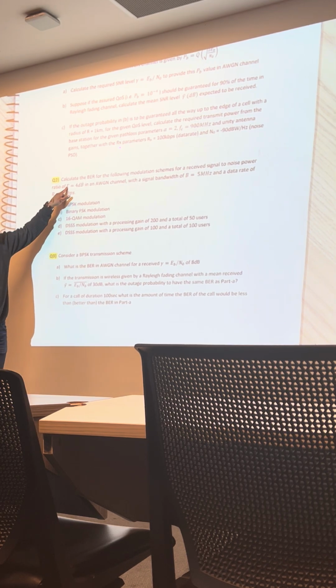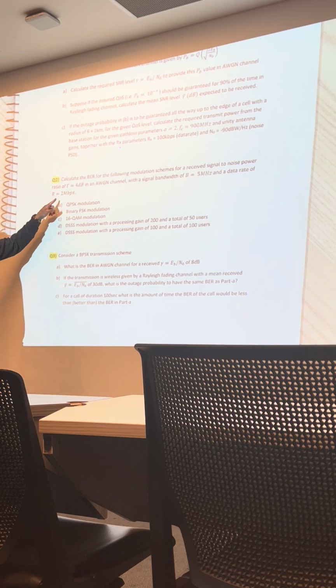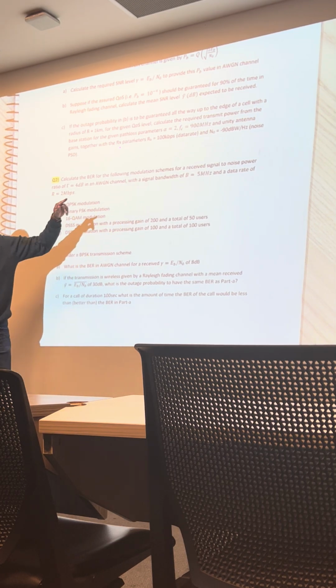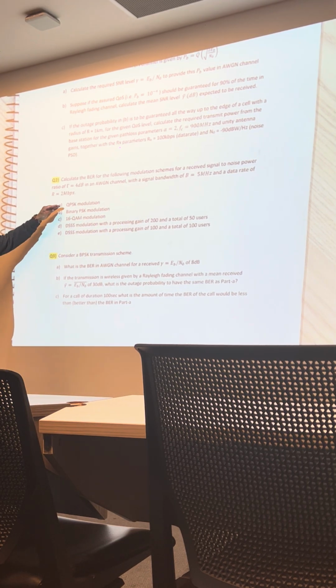We've been given Ps/Pn, the signal to noise power ratio, and we need to convert that into Eb/N0 using R and B, and then we use existing expressions for bit error probability to solve this problem. Okay, so let's see how it goes.